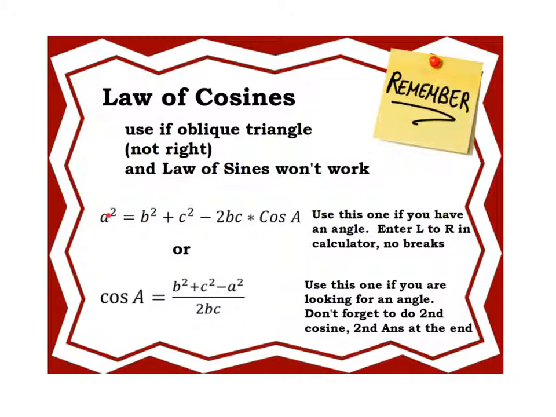So this is a side squared, and these are the other two sides squared, minus 2 times the same two sides times the cosine of angle A. A is the angle across from this little a. That's a big thing there: those are across from one another. You're going to use this if you have an angle.